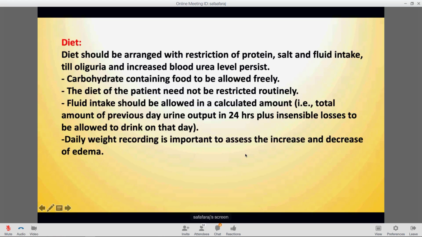That means if the patient has a urine output of 750 cc during 24 hours, we will give 750 cc fluid, for example milk or food, plus the insensible water loss, which is 400 mL per meter squared. Daily weight recording is important to assess increase or decrease of edema.